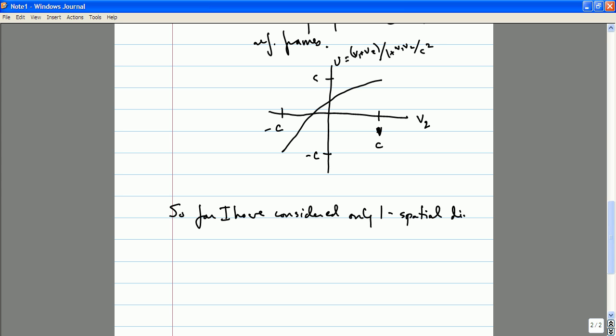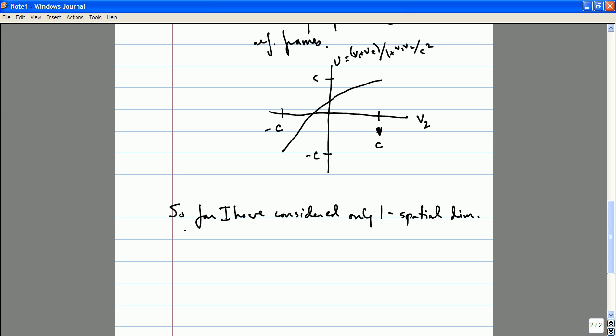You may have noticed, however, that we live in three spatial dimensions. So it's going to be important when considering more interesting physical situations to consider not just reference frames that are moving and events that are located all along the x-axis, but events that are located somewhere in the x, y, z coordinate system.